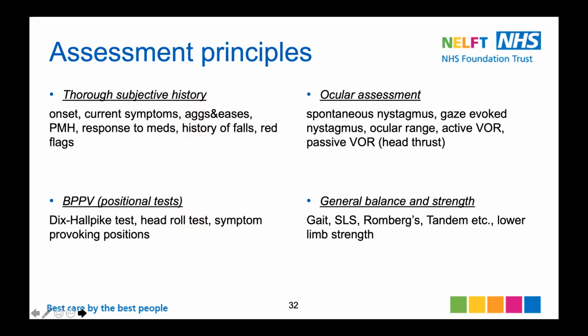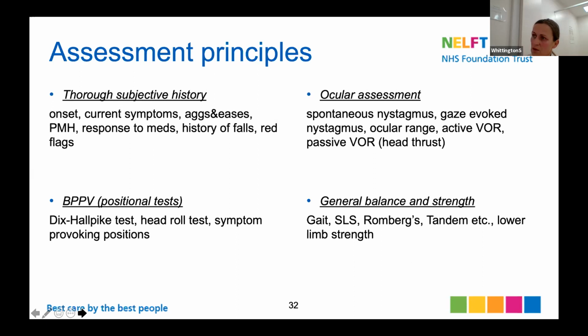It's very, very underdiagnosed. So it's really good to check for that with all your dizzy patients if it's safe to do so. So a good thorough subjective history: look at the onset, what are their current symptoms, what are their aggravating and easing factors, what's in their past medical history, what's their response to medication, and red flags, everything that I mentioned earlier on.